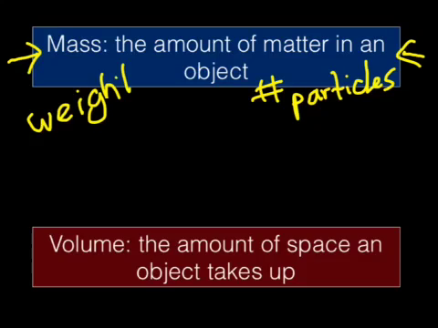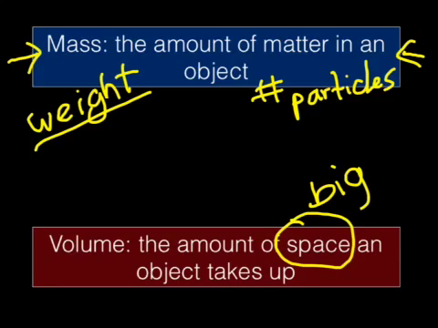Mass and weight are not the same thing, but we pretend like they are, at least for the time being. And then volume is the amount of space something takes up. How big it is. Is it big? Is it small? Versus what does it weigh? Those are two very different things. Make sure you get them straight.